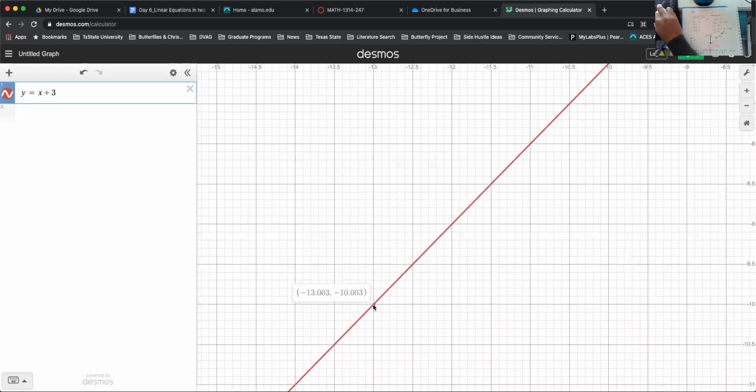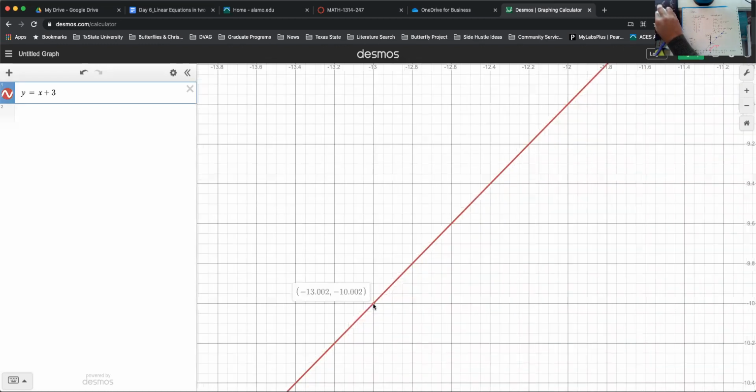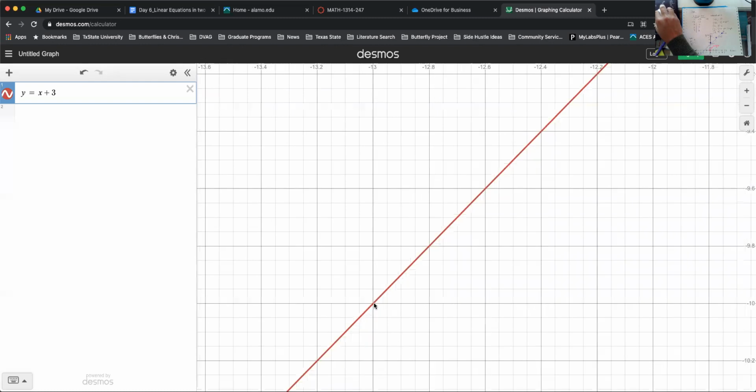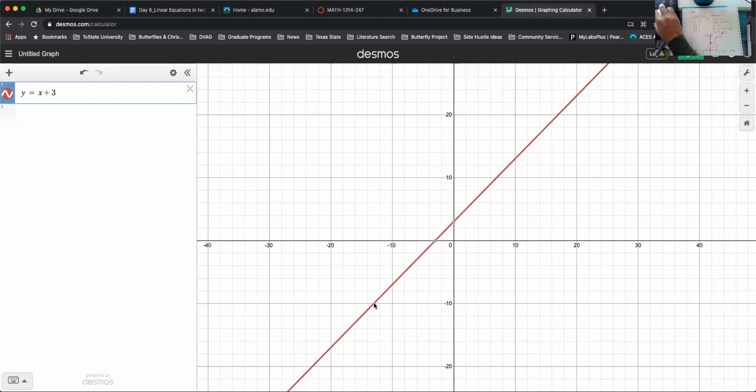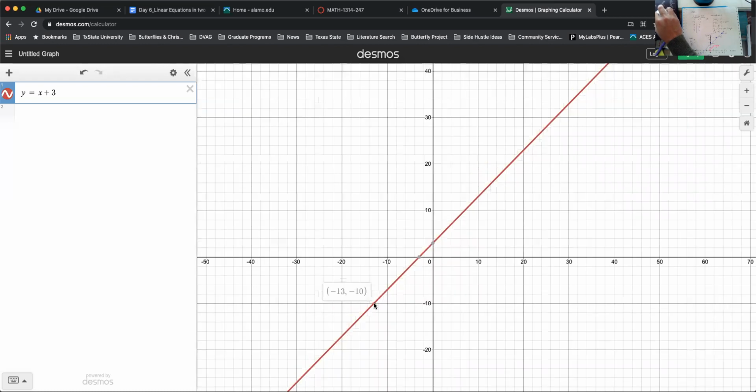And right here, this point has too much detail, but -13, -10 is perfectly on the line. And I can zoom out. Boom.